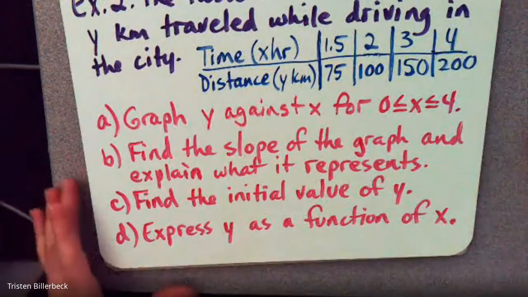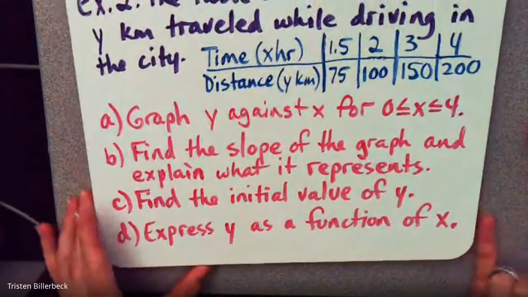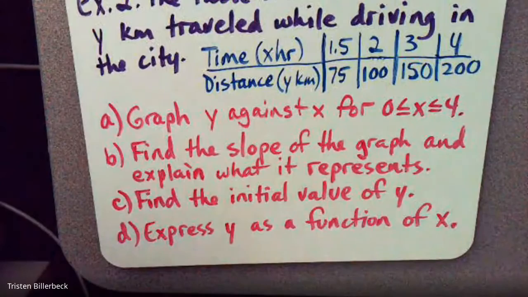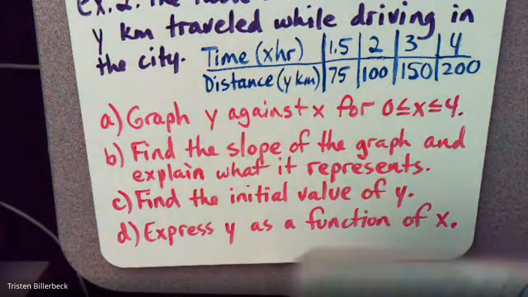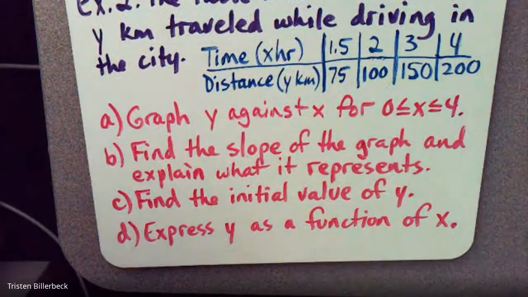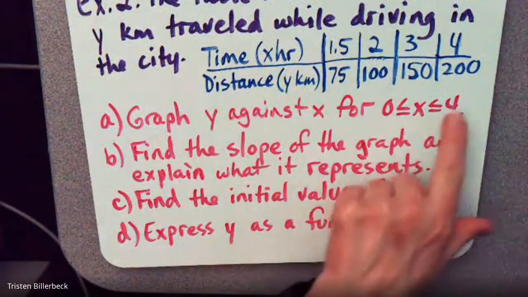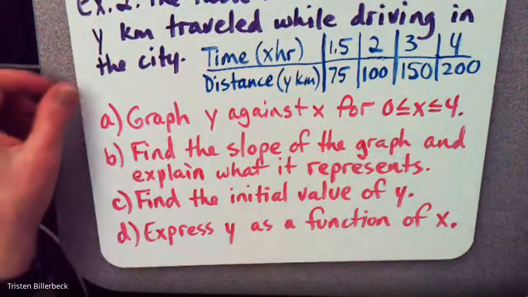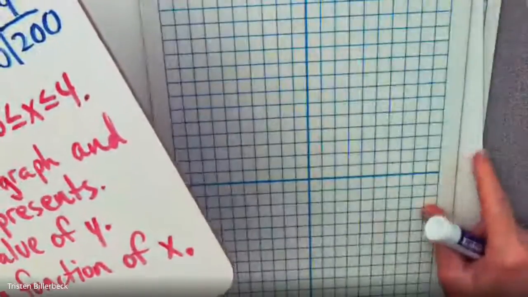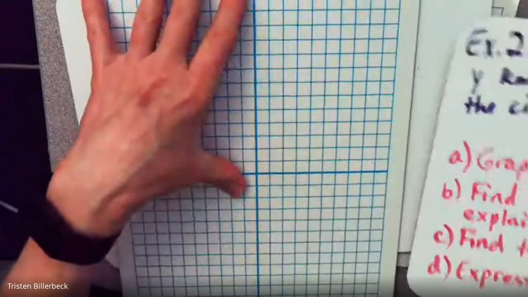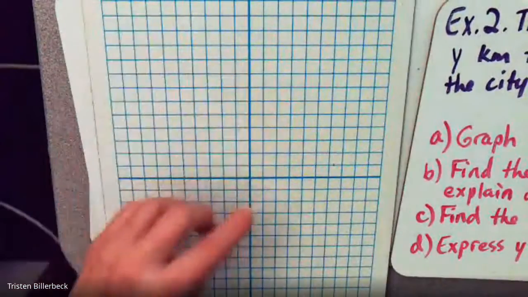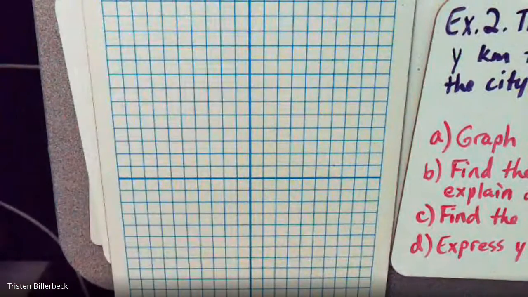All right, so one thing when we're graphing real life data is we have to fit the data to the graph. Okay, so we see we have 200 here. Well, I have a little more than 12 spaces right here. So somehow I had to figure that out. I know I have at least 10 here.